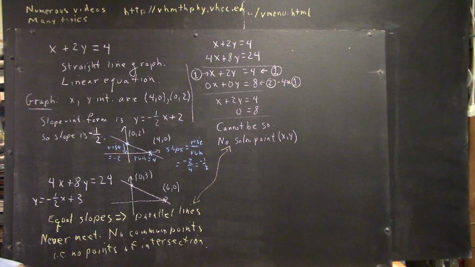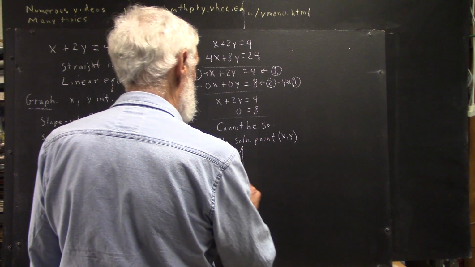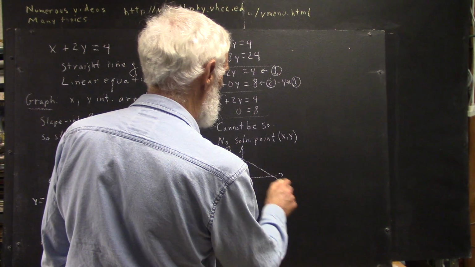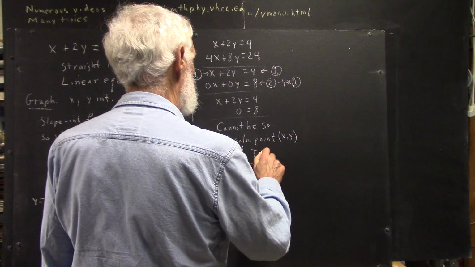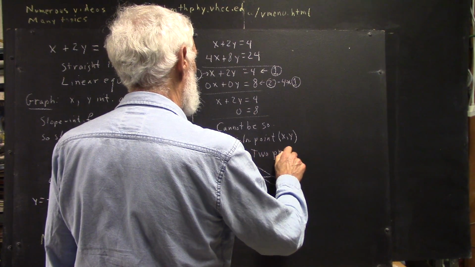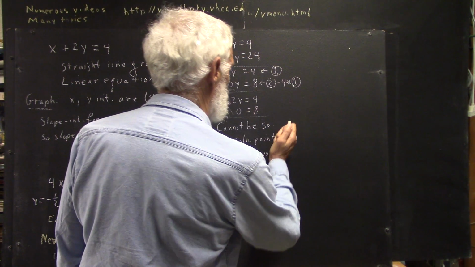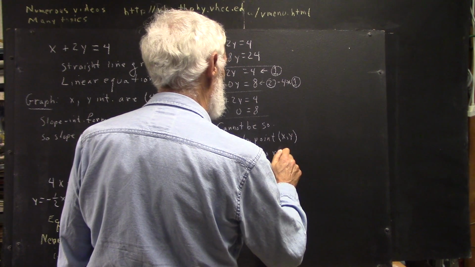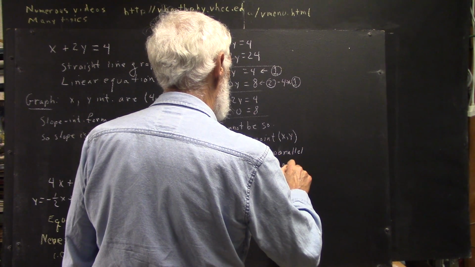So the graphs of the two systems look like this. And we have two parallel lines. Write my letters in order and don't jump ahead. Two parallel lines.